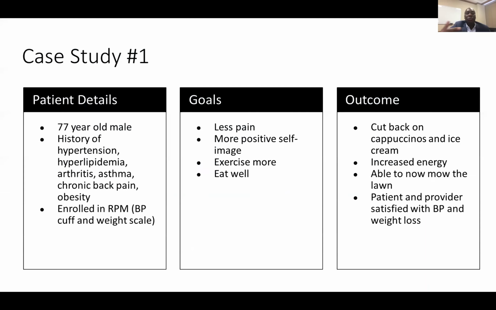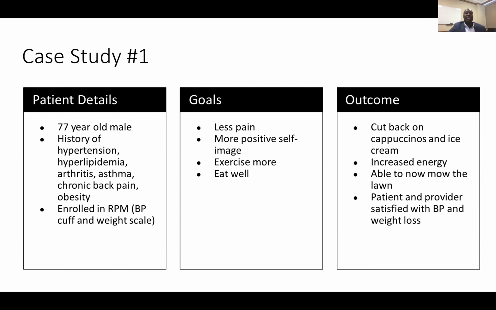What he shared are just a couple of case studies. We always want to put patients behind the results and the true impact, and what I know many of you will see as you start to roll out remote patient monitoring. Here's a case study of a 77-year-old male. Again, these are real FQHC patients. You want to look at the details. They have hypertension. This patient had a connected BP cuff and scale, but the patient had goals as well.